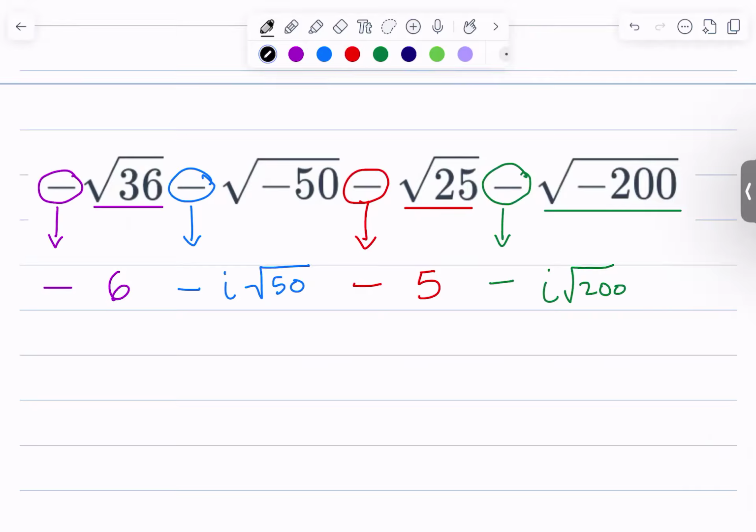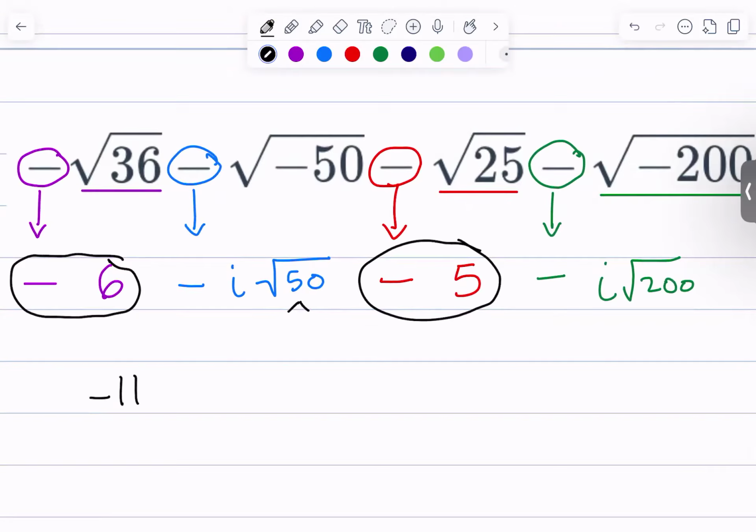Now with 50, wait, before I simplify what's in the radical, I can gather the real numbers up together. So negative 6 minus 5, that's negative 11, right? So now 50 breaks out to be what?